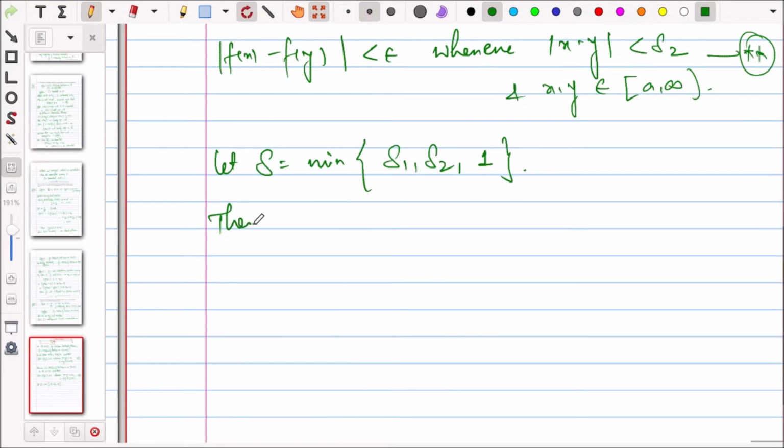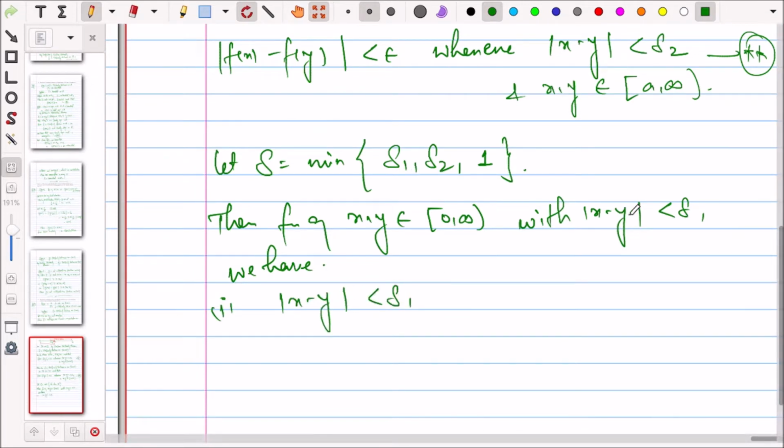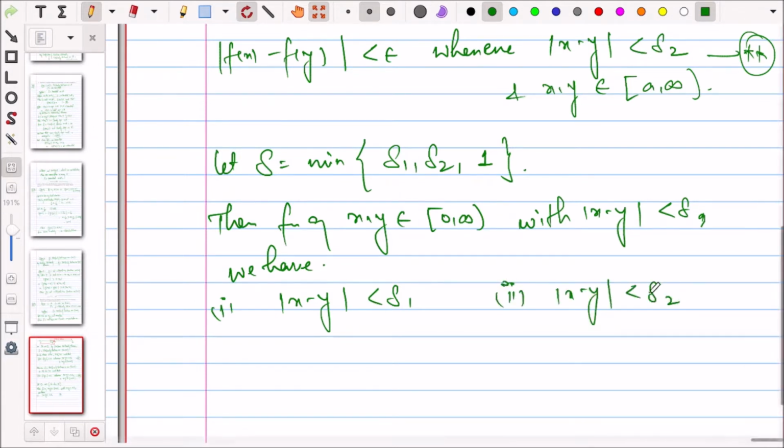Then for any x, y belonging to 0 to infinity with |x minus y| less than delta, we have first, |x minus y| is less than delta 1 because our delta is smaller than delta 1, and second, |x minus y| is less than delta 2 because again delta is the minimum of these two.